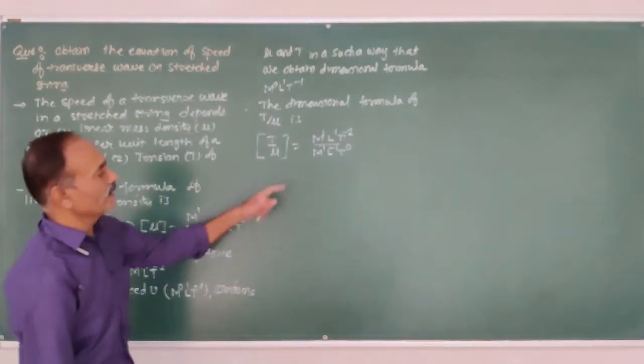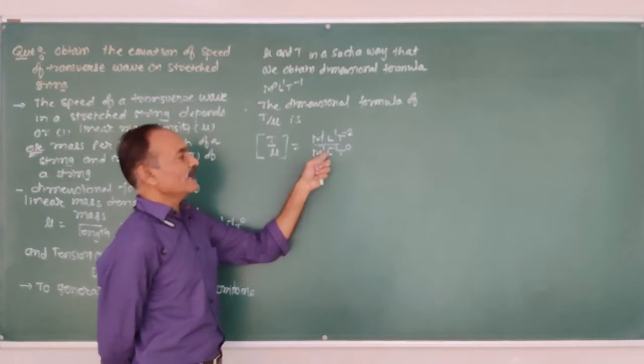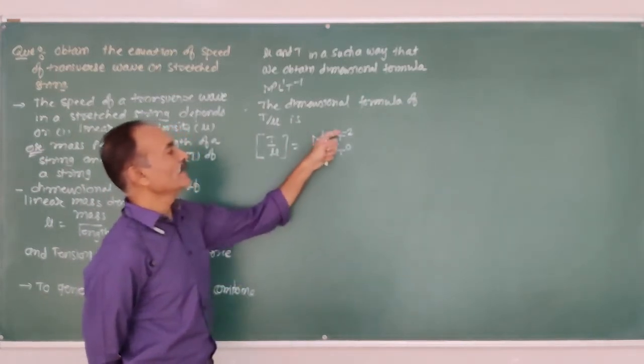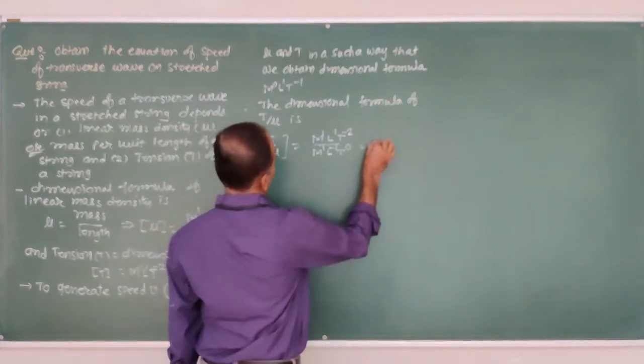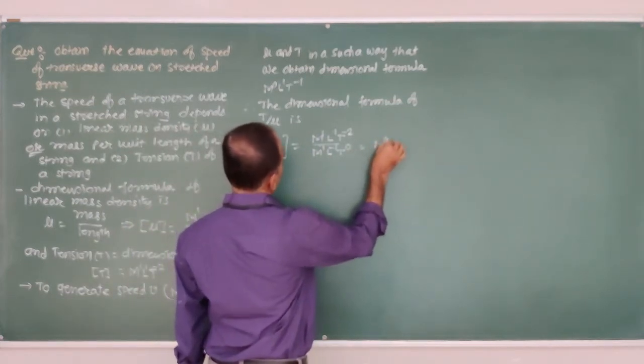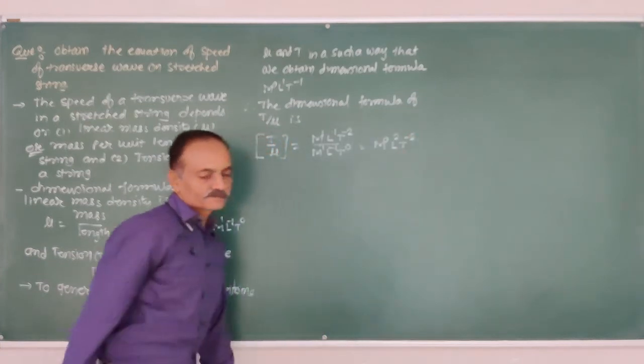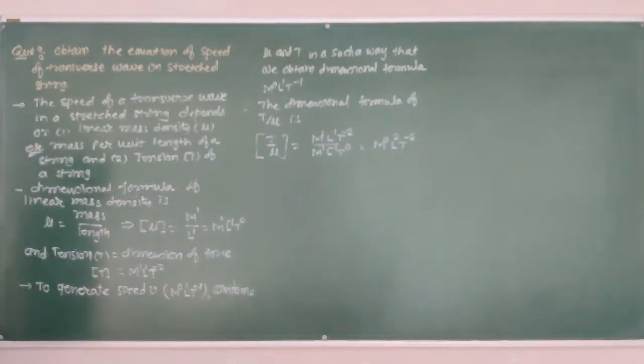Therefore M^1 and M^1 cancel. The L^-1 in the denominator comes into the numerator and becomes positive. Therefore, L^2 T^-2, so M^0 L^2 T^-2. Clear this thing? Okay.